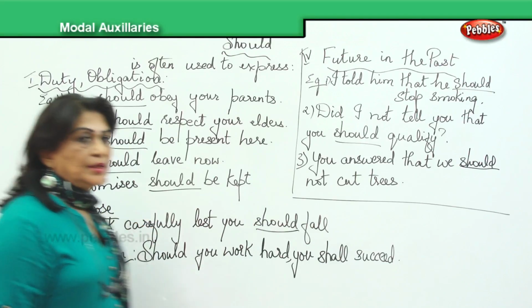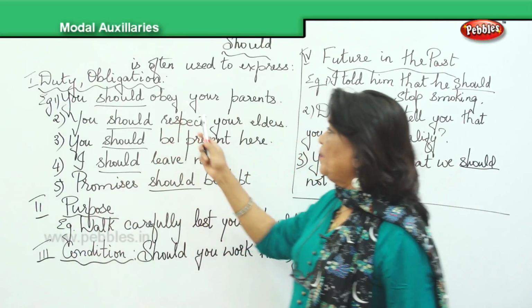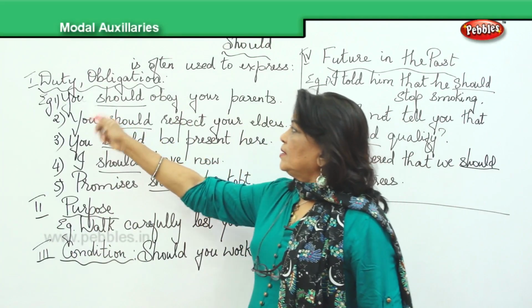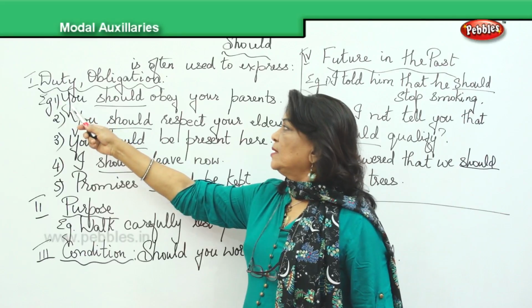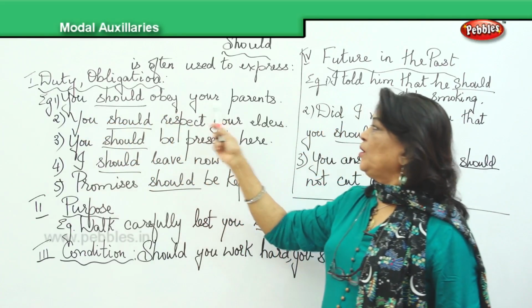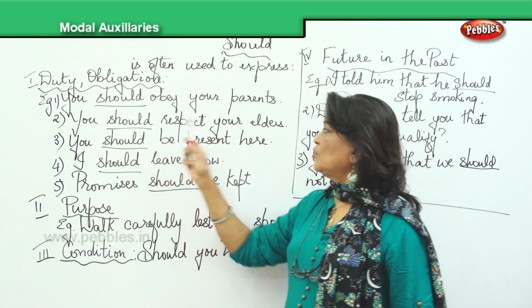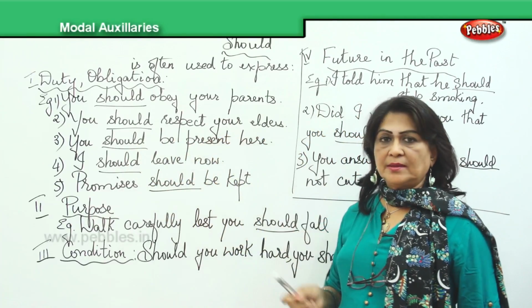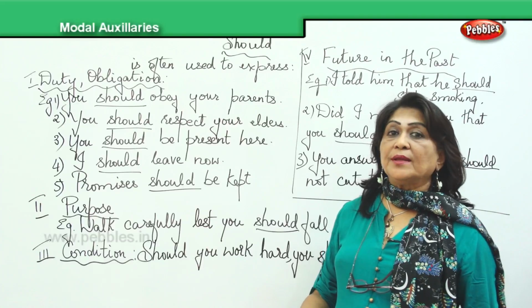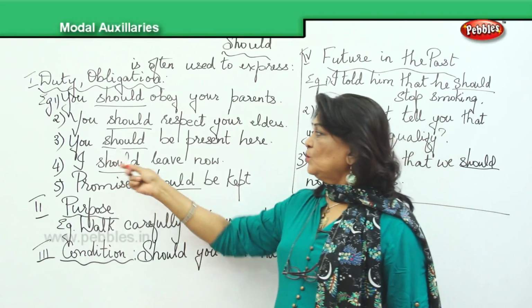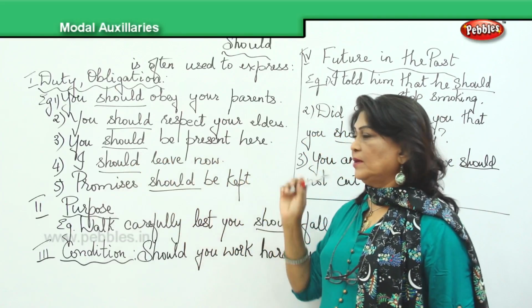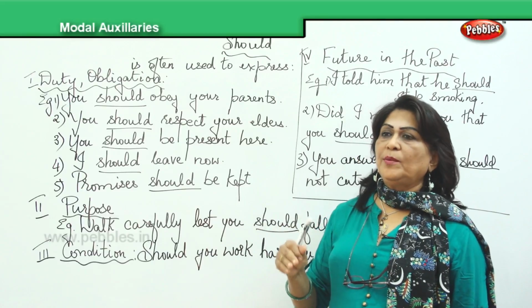First is duty and obligation. First example is, you should obey your parents. That is a duty. You should respect your elders. That's also your duty. You should be present here. That is an obligation.